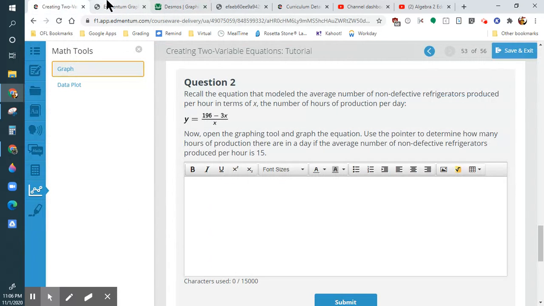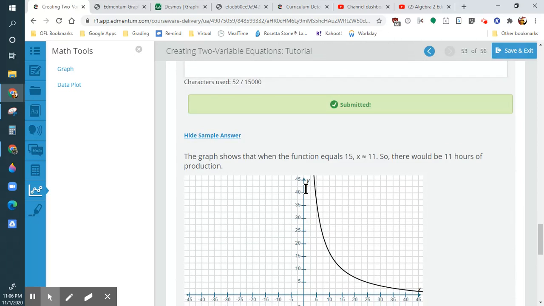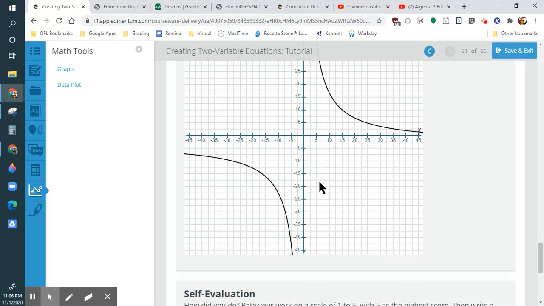All right, so I'm going to say, according to the graphing tool, X is 15, Y is, if that was what they were referring to, 11-ish. Close enough.